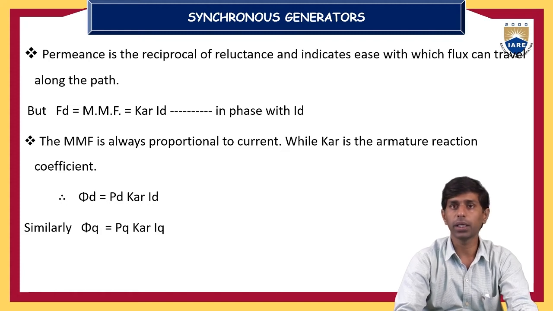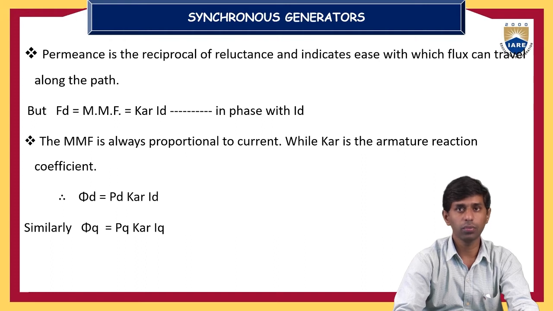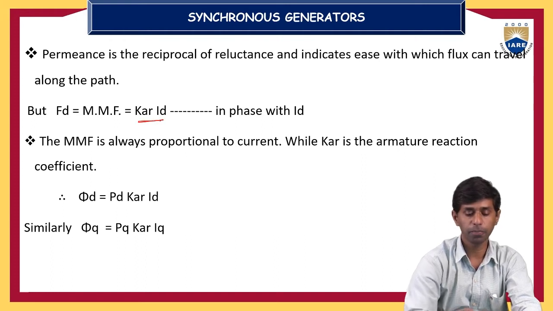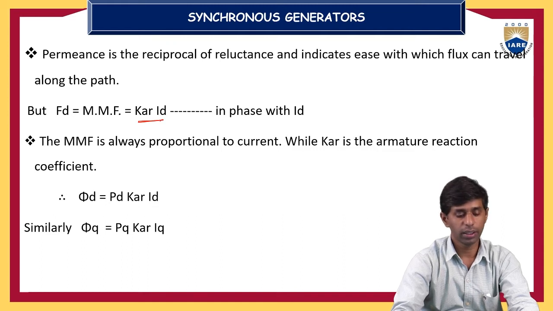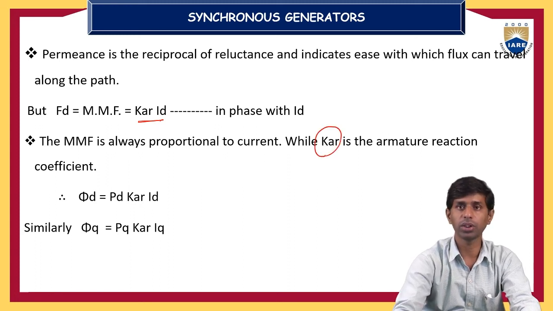Before writing the expression for phi q: permeance is the reciprocal of reluctance. Permeance is the permitting ability of a medium; it is the opposite of reluctance and indicates the ease with which flux can travel along that path. The MMF along the D axis, FD, is equal to KAR times ID, in phase with ID, since MMF is always proportional to current, where KAR is the armature reaction coefficient.